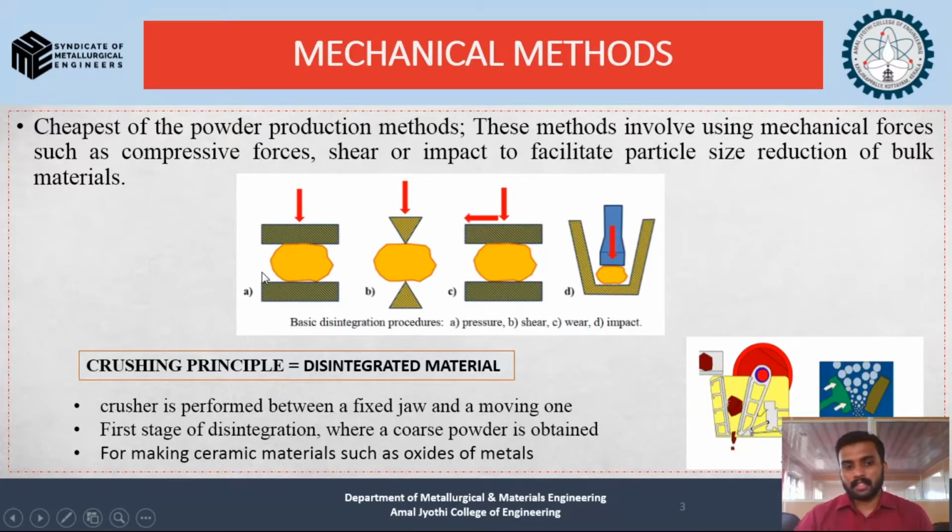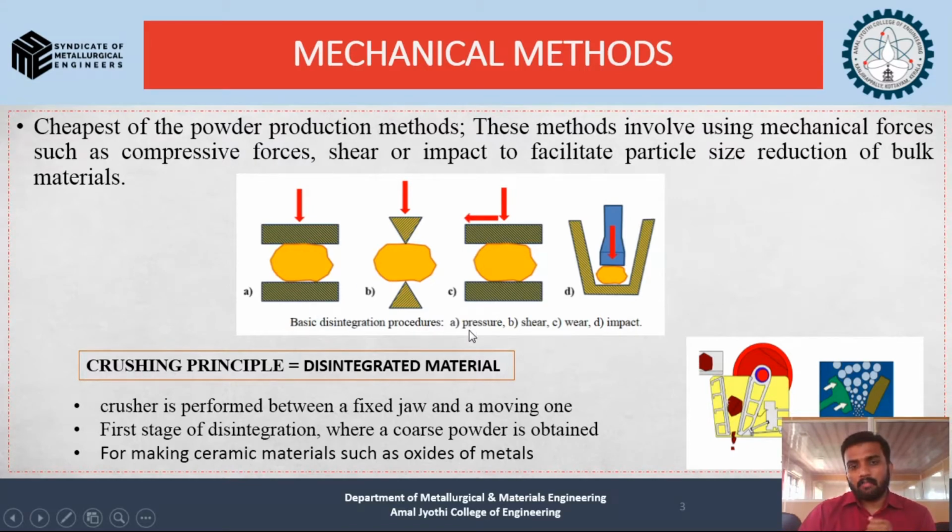The basic idea of the crushing principle is to disintegrate the material, which means breaking the bond between the particles. Ore normally has a greater size, and we have to reduce that into fine bits. But we can't term crushing a final production process, which I will explain in the later slides. Initially I will explain what this figure means.